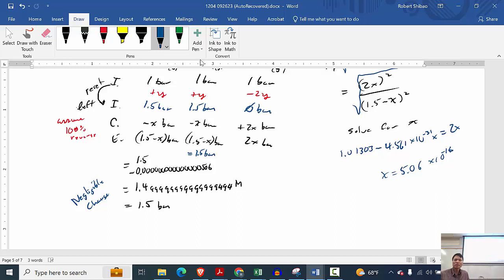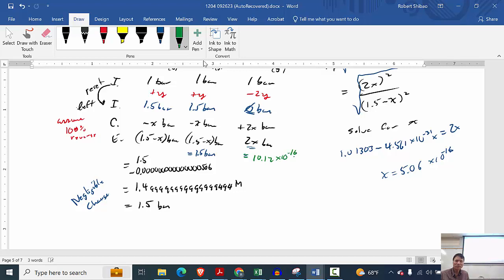How about this? Was this a negligible change? This was not a negligible change over here. This was a significant change because we started with 0. If we start off with 0 and we end up with 2x, then that's significant. And so over here, this is significant. And that's going to be 2 times this, so I'm going to just write 10.12 times 10 to the minus 16.